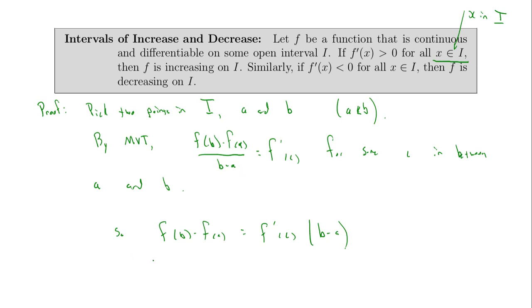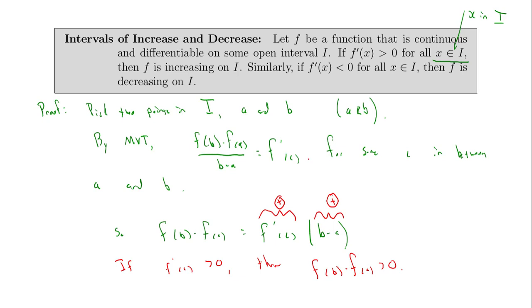But since a is less than b, that means that this thing here is positive. And so if this derivative is also positive, then we have a positive times a positive, which is positive. So that means that f of b minus f of a is greater than 0.